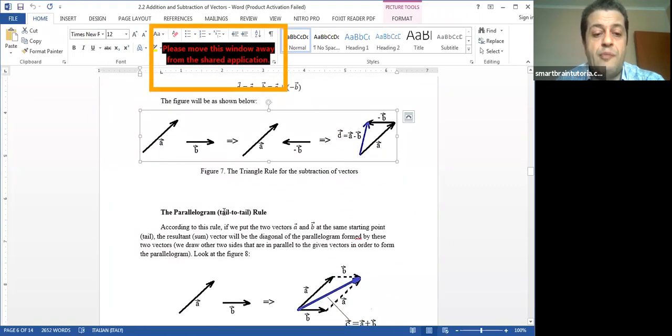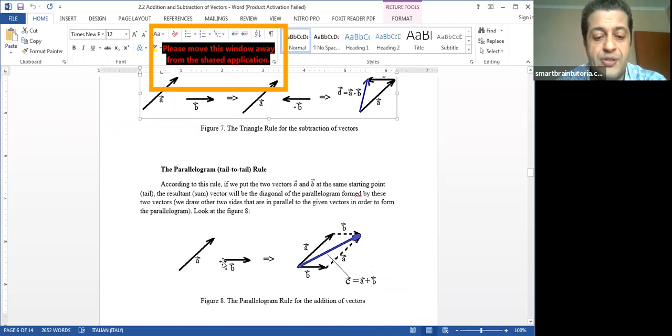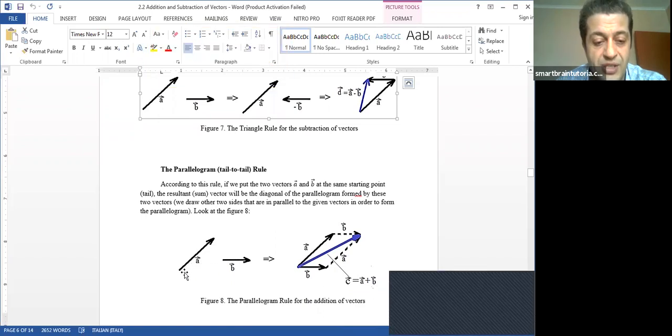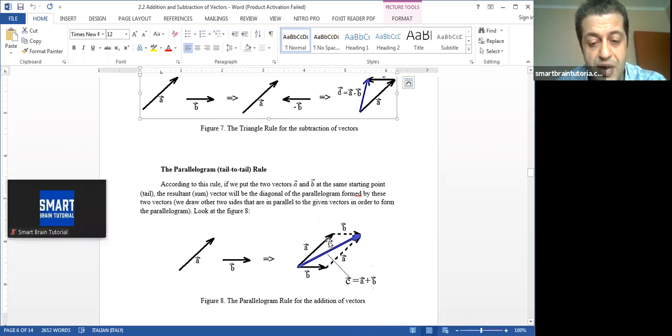The parallelogram rule, also known as the tail-to-tail rule: we bring both vectors to the same origin, at the same place. Then we build a parallelogram based on these two vectors, and the diagonal of the parallelogram is the sum of the vectors a plus b. The vector a is this one, the vector b is this one.